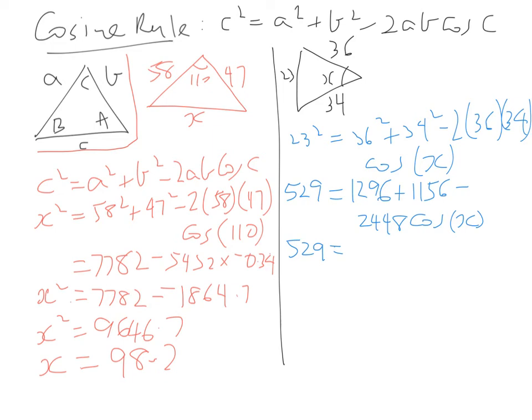So we're at 2452 minus 2448 cos x. So now I'm going to bring this over to the other side. So I'm going to say 529 minus 2452 becomes negative 1923.